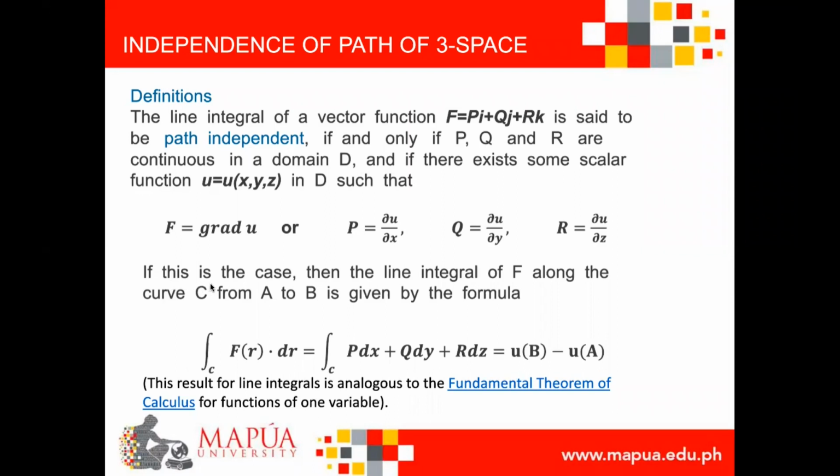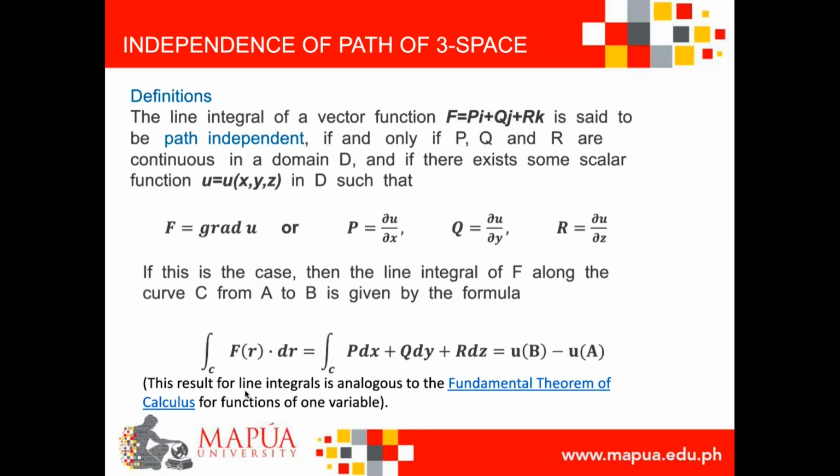If this is the case, then the line integral of F along the curve C from A to B is given by the formula: the integral of F of r dot dr along the curve C is equal to the integral of P dx plus Q dy plus R dz along the curve C, which is equal to u of B minus u of A.